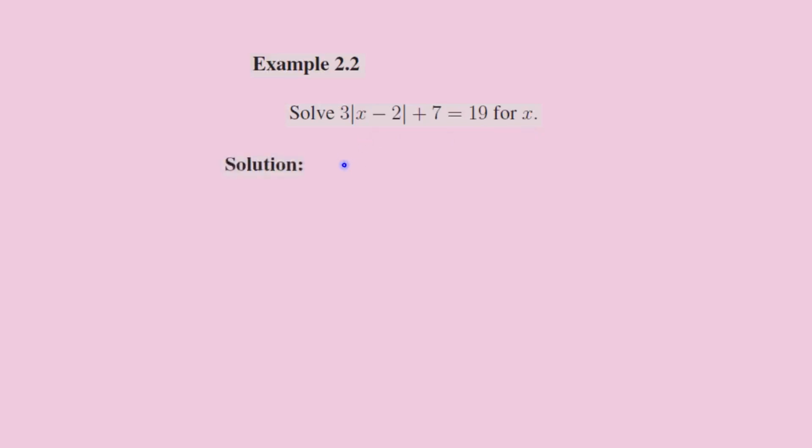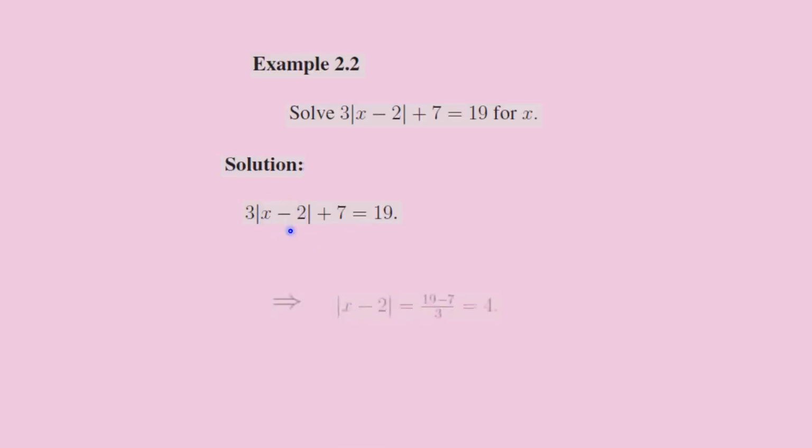First you have to write the given data. Here the data is 3 into modulus of x minus 2 plus 7 is equal to 19. This equal to is nothing but an equation. From this we are going to find the x value, so I have to keep the x term alone on this side.